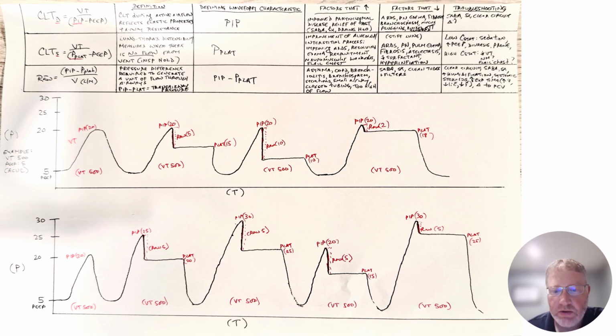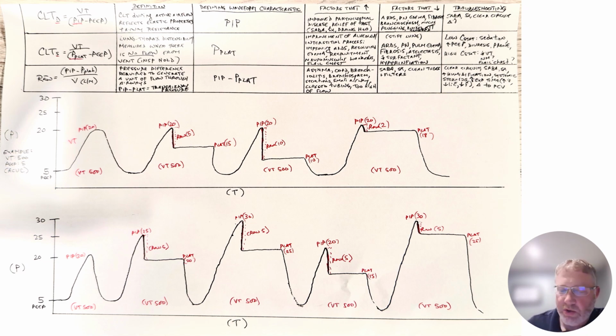All right. So let's say we're back up to 30. So your dynamic compliance went down because the PIP went up. The plat at 25 compared to 15, the plat went way up. So your static compliance went way down. The Raw remained the same.